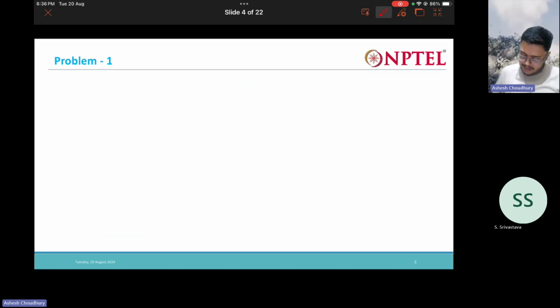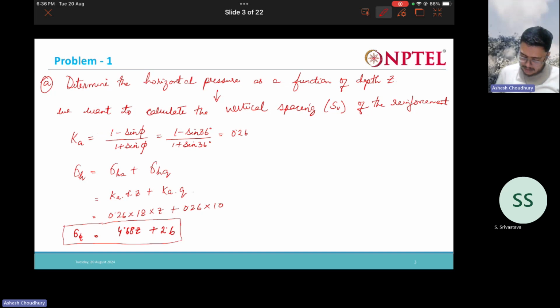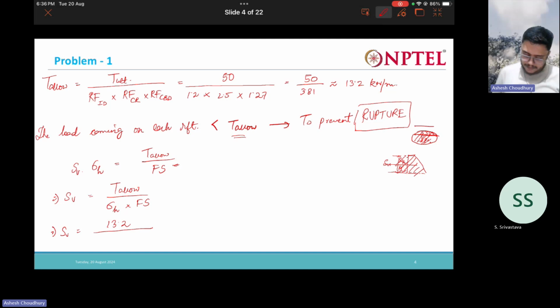T is sigma h, so this sigma h expression we can put here, and the factor of safety you can take 1.4. This is the expression for the vertical spacing.